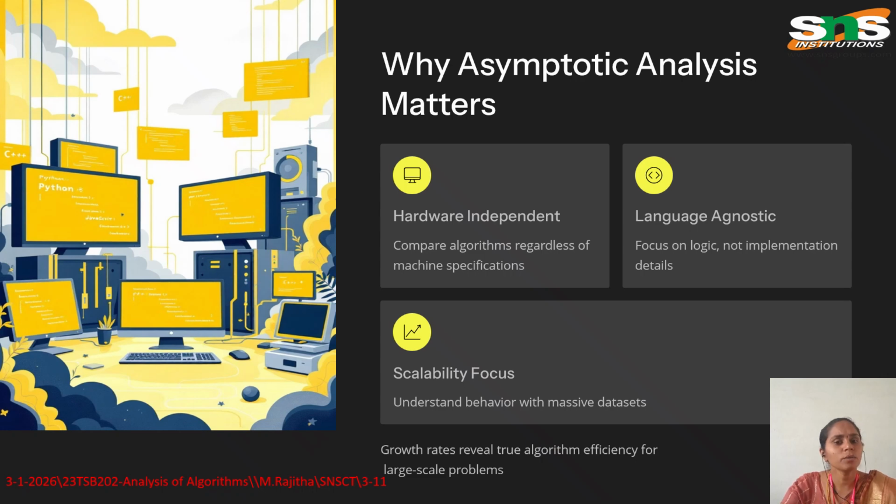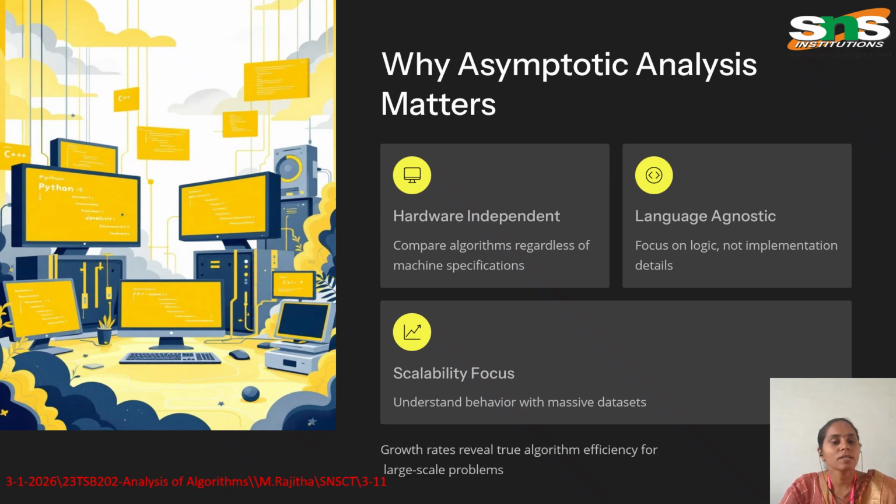Why asymptotic analysis matters? Asymptotic analysis is important because it is independent of hardware and programming language. The same algorithm may run faster or slower on different machines, but its growth pattern remains the same.